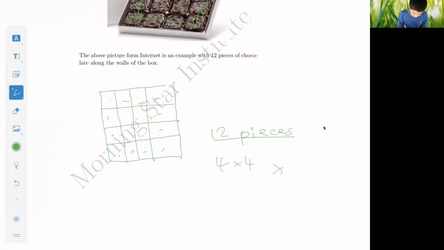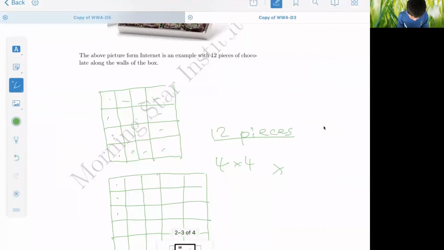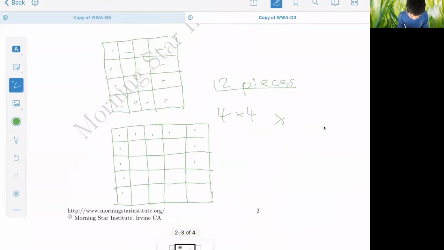So we could enlarge the square to see if a 5 by 5 square will work. We can look again and count. So 1, 2, 3, 4, 5, 6, 7, 8, 9, 10, 11, 12, 13, 14, 15, 16.